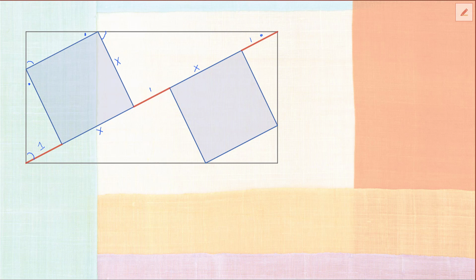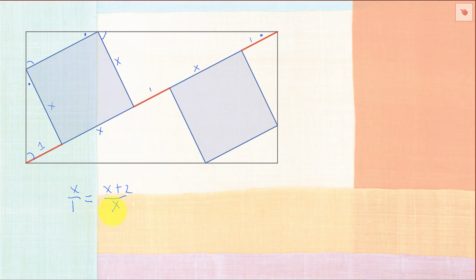Then the proportion of the base of the bigger triangle compared to the smaller one is x over 1. This is equal to the straight side of the bigger triangle, which is x plus 2, over the straight side of the smaller triangle. So that's what we have.